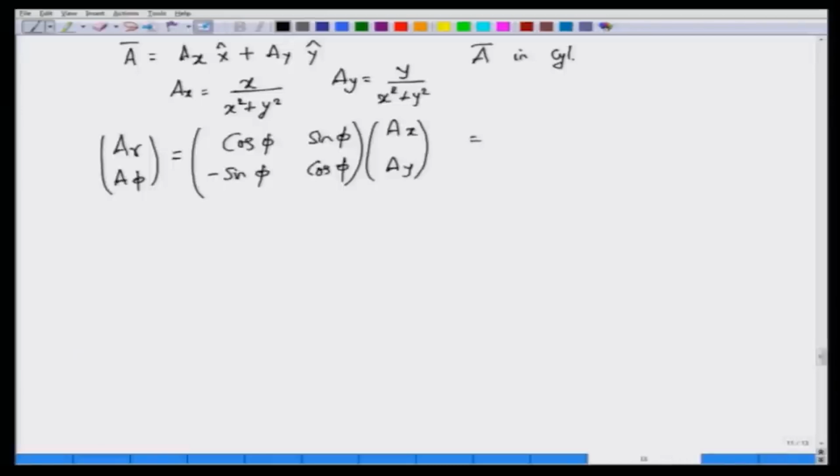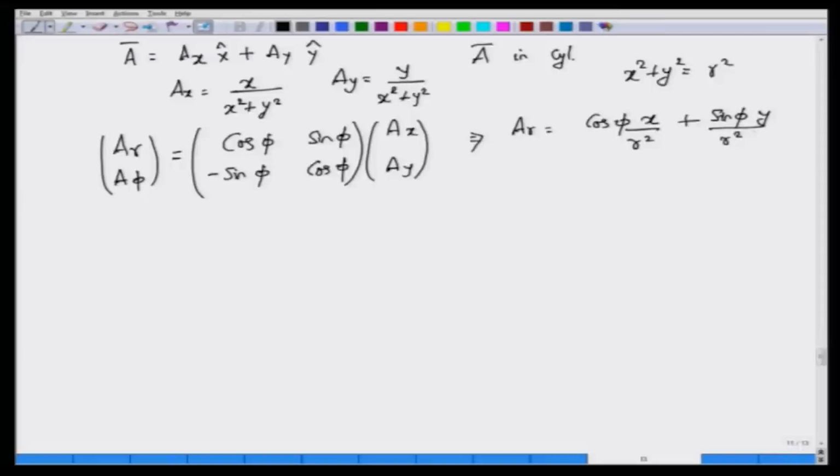Now, substitute for Ax and Ay. If you substitute for Ax and Ay, you are going to get Ar equal to cos phi times Ax plus sin phi times Ay. But I also know that x square plus y square is actually equal to r square in cylindrical coordinate systems, and substituting therefore Ax as x by r square and Ay as y by r square, Ar will be equal to cos phi x by r square plus sin phi y by r square.